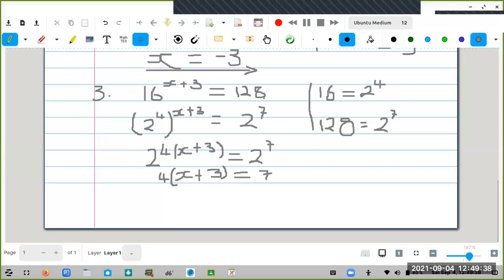So from there, I will then remove brackets, which means 4x, then 4 times 3, which is 12, is equal to 7.